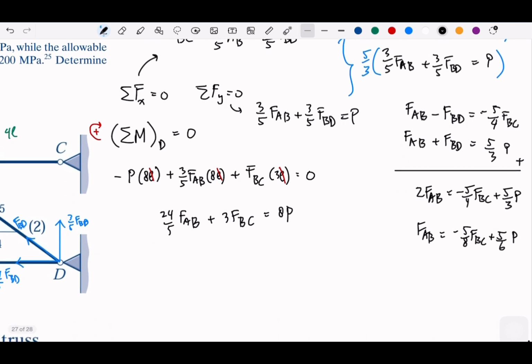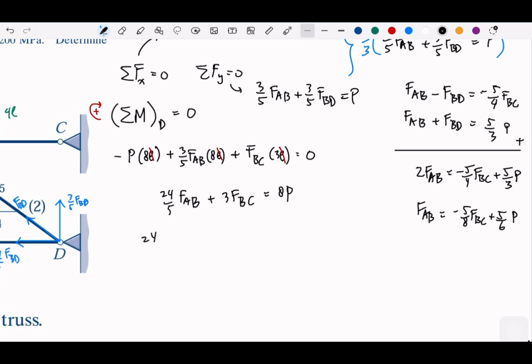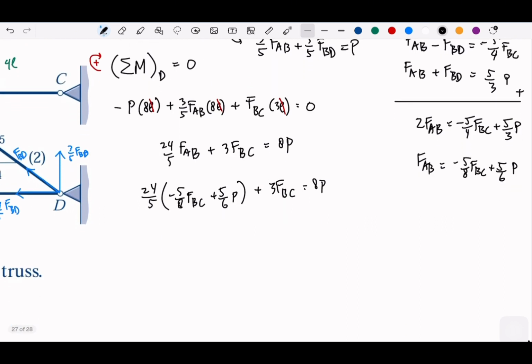Okay, I think we can substitute over there. So 4 over 5, so this will be 120, 40 plus 4P.